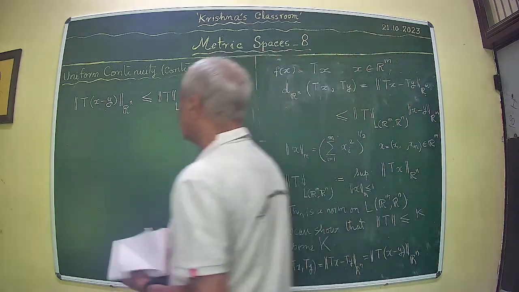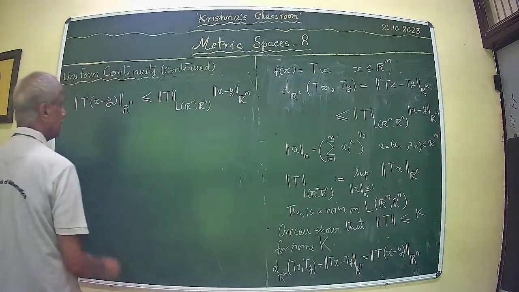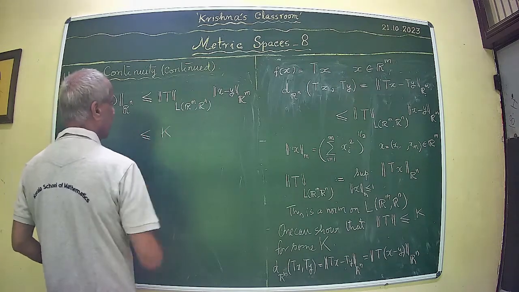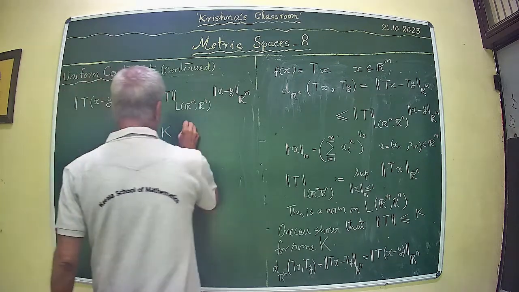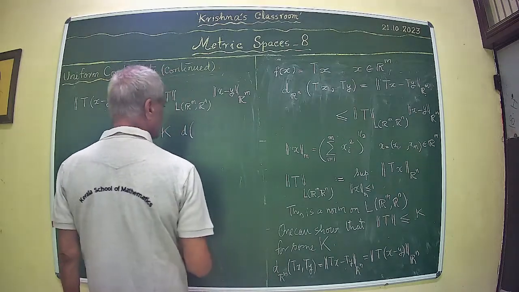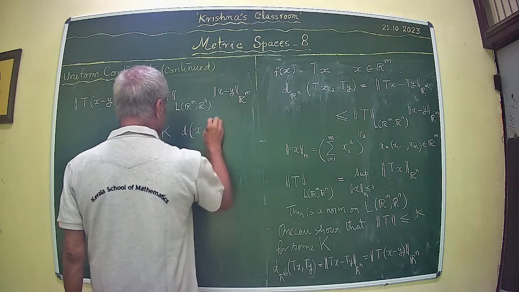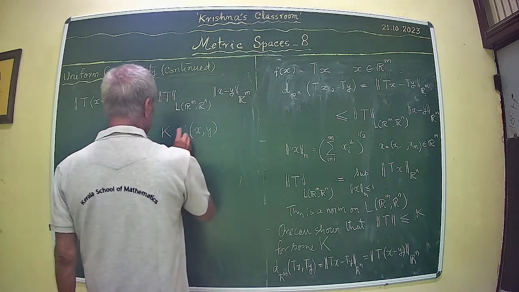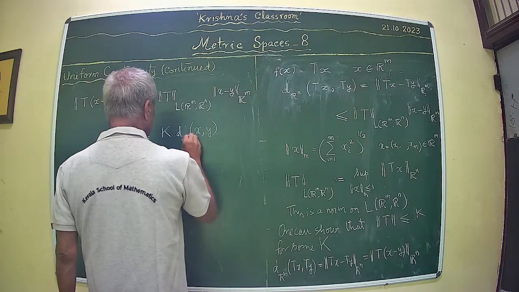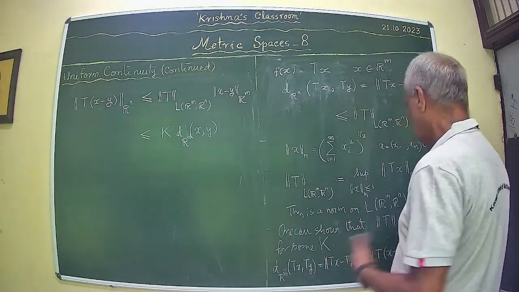Okay, so that is we have, and this of course is less than or equal to the bound k times d of x, y. So that's what we have.